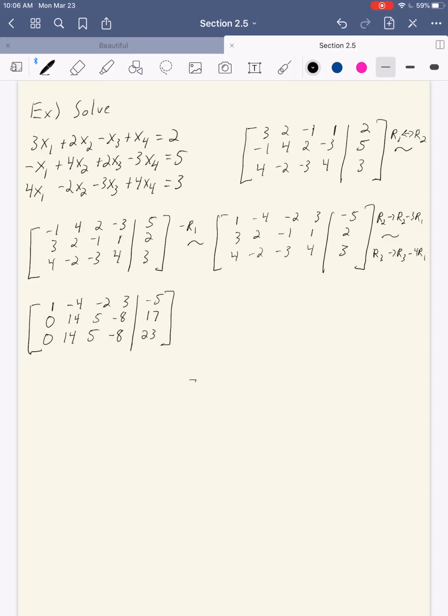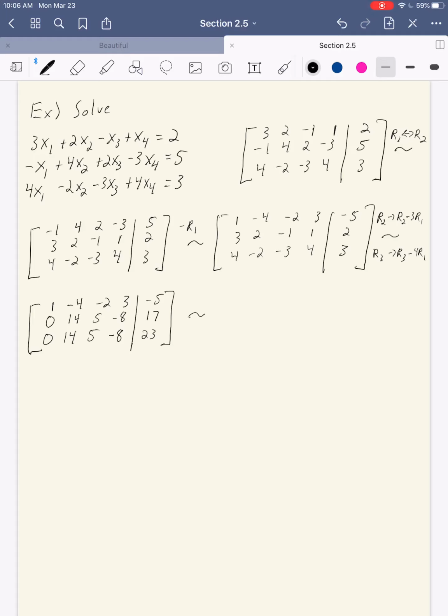Now, at this point, this is a good moment to recognize that we probably want to use a non-algorithmic moment here. We are aware enough as humans to see that these two rows sort of match, and we should use that to our advantage right away. Before we would normally divide by 14 or something, but let's first use that recognition.